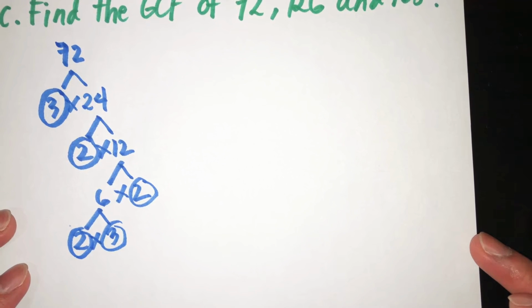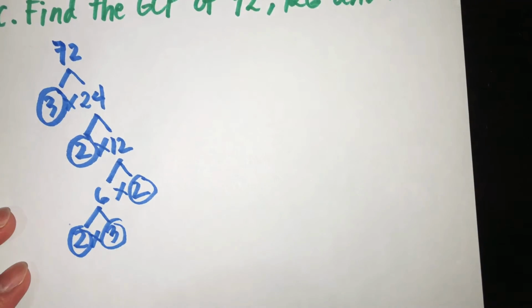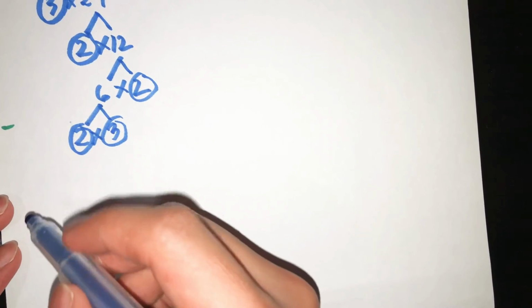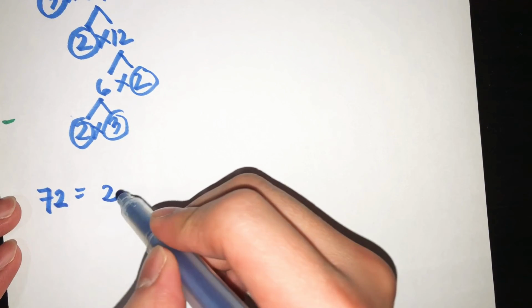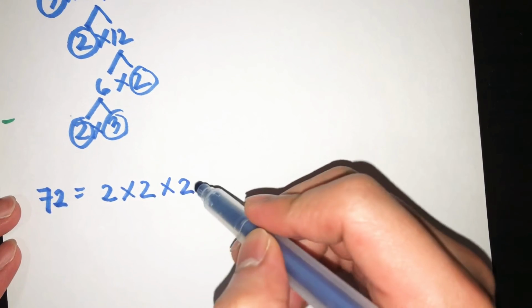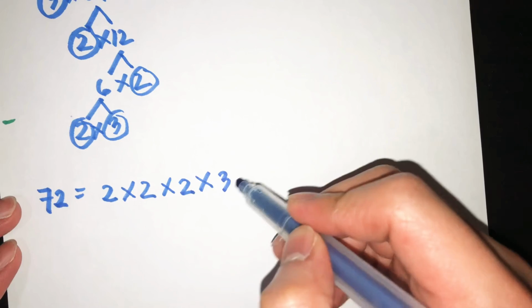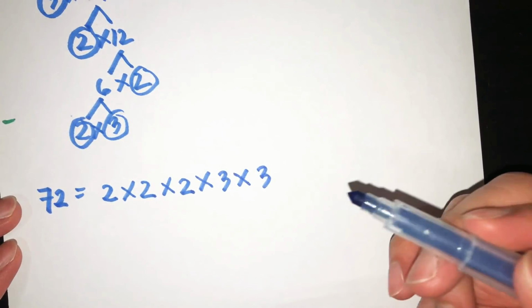So we write first the factors here. So we have now for 72, it is equal now to 2 times 2 times 2 times 3 times 3.